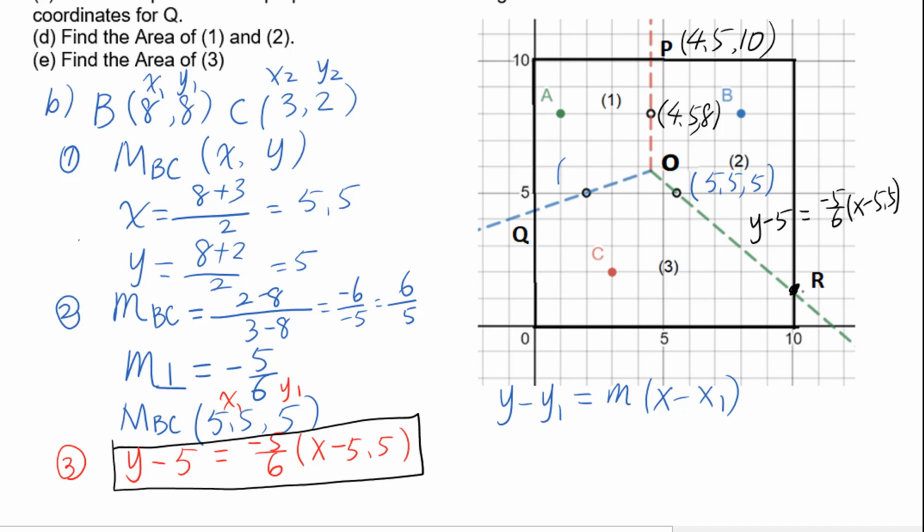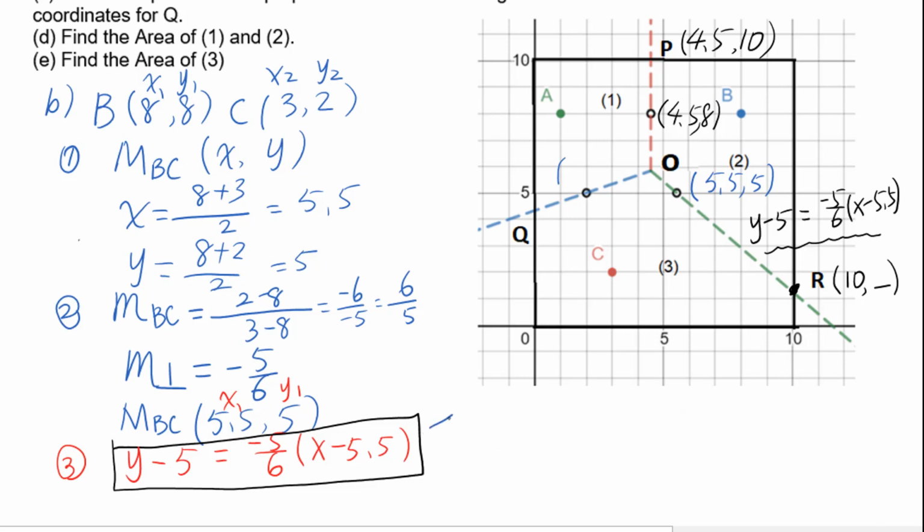What's the coordinate for this R? We know the x coordinate for R is 10. Since this R is on the perpendicular bisector of BC, we need to plug in.